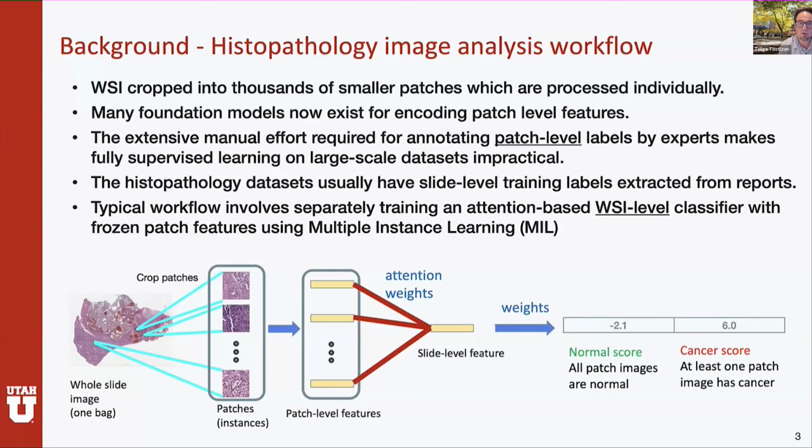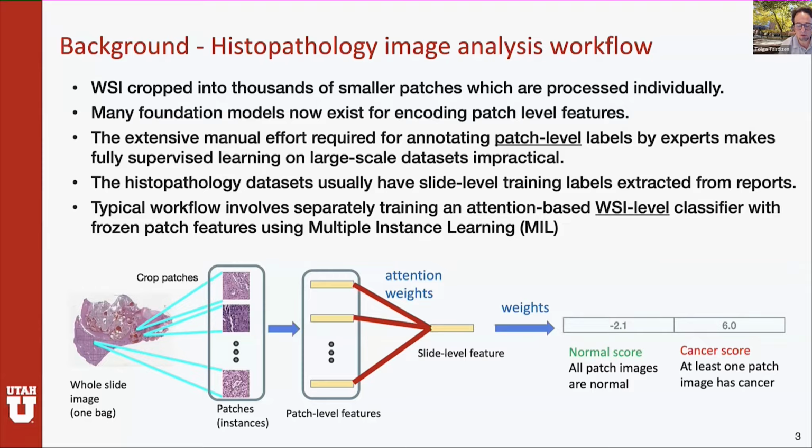Nowadays, there are many great foundation models that are trained to encode these patches into high-dimensional features. These are typically now transformer-based models. And then, doing a classification at the level of patches is pretty difficult in this application space because, as you can imagine, it would take a lot of effort for a pathologist to go ahead and try to label all of the patches that you extract from a whole slide image, especially considering large data sets are going to have maybe thousands of whole slide images, right?